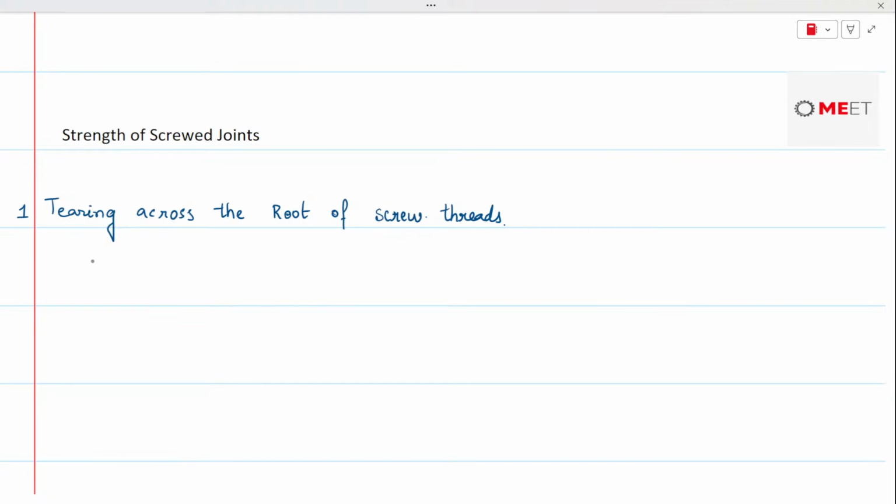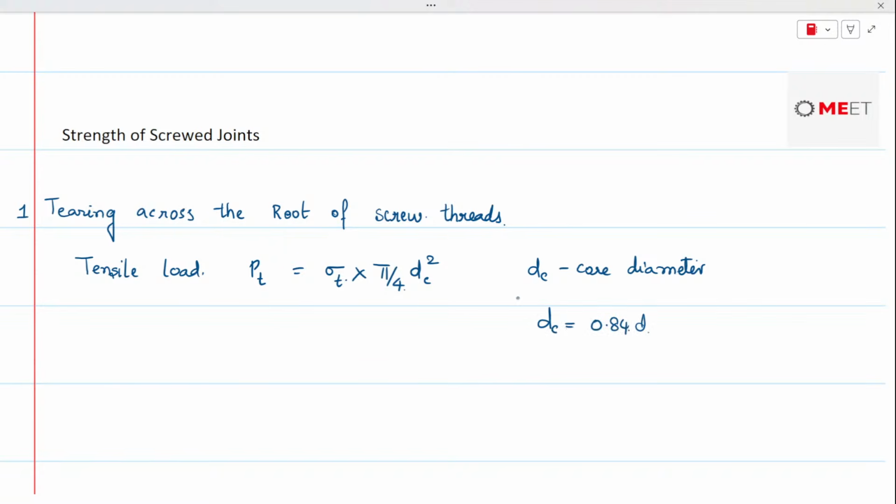So tensile load is given by PT is equal to tensile stress sigma T into pi by 4 times dc square, because the tearing happens at the weakest cross section. dc stands for core diameter, and dc is equal to 0.84 times D, and D is called the nominal diameter.